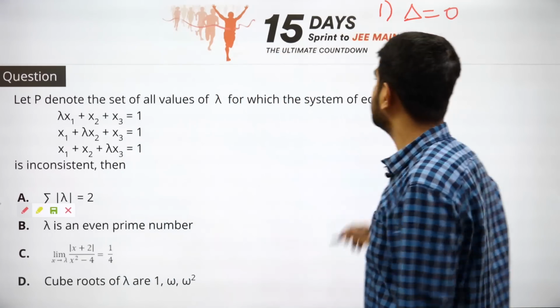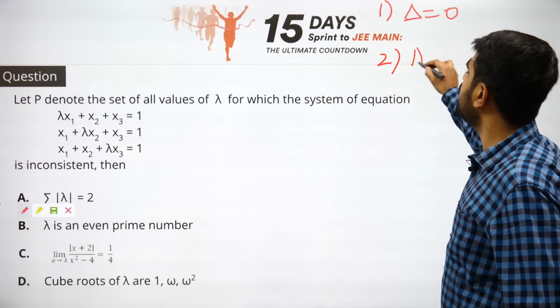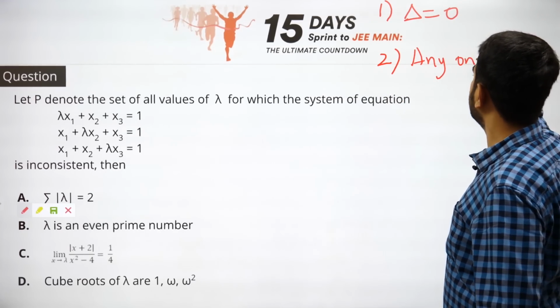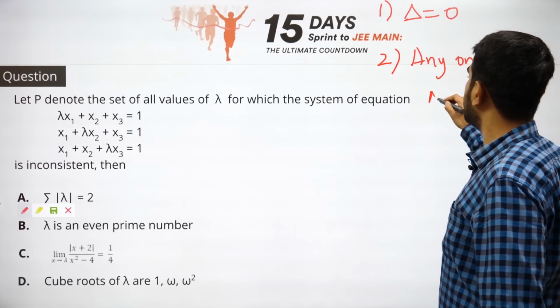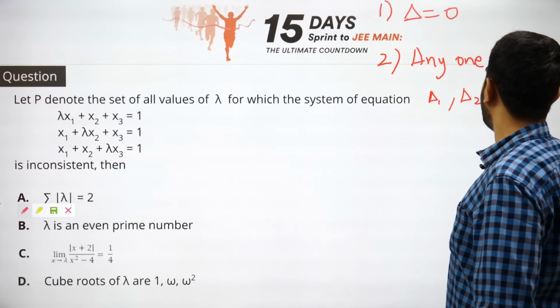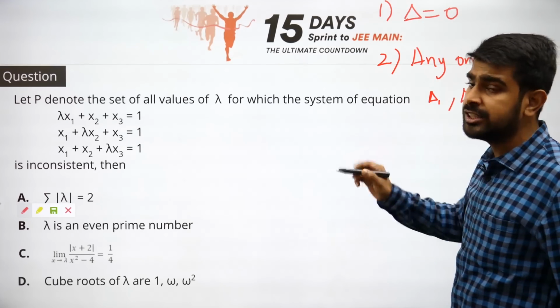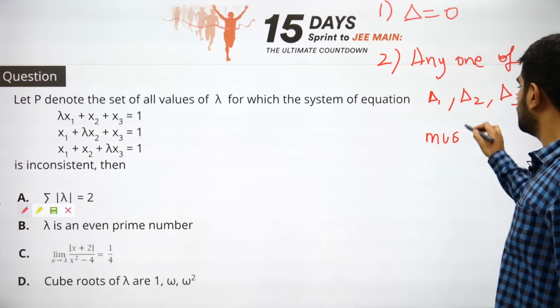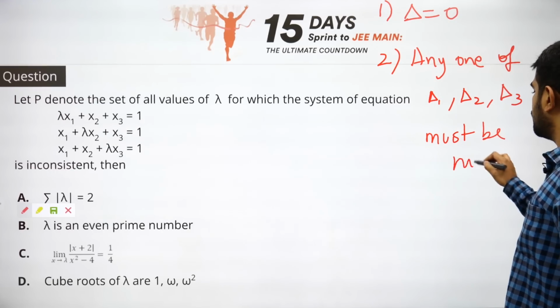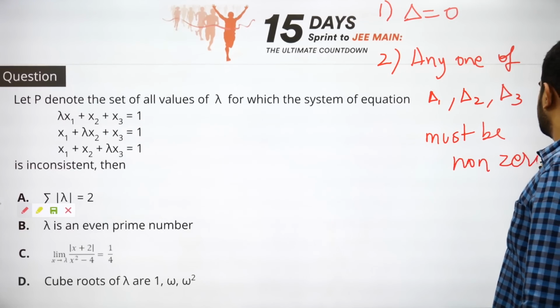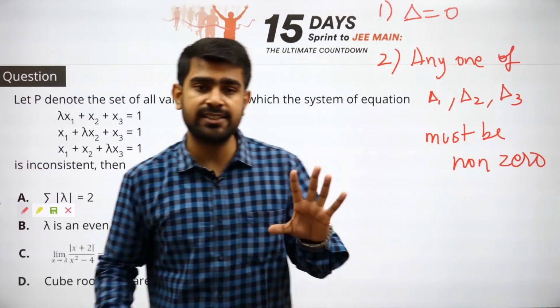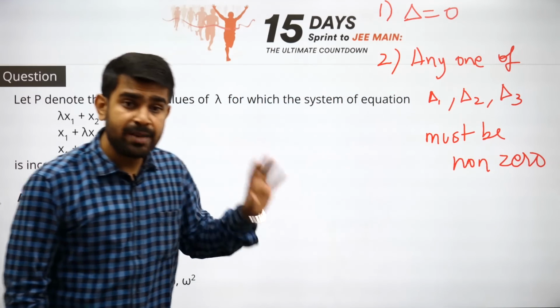What is the second condition? Any one of delta 1, delta 2 or delta 3 must be non-zero. So that is my condition for an inconsistent system. I will keep that in mind.